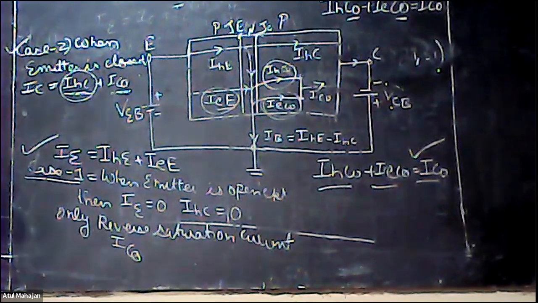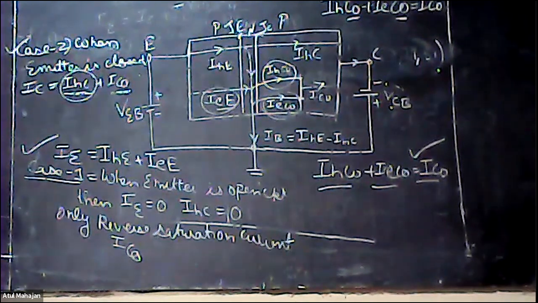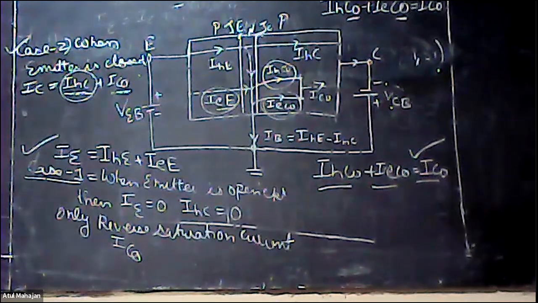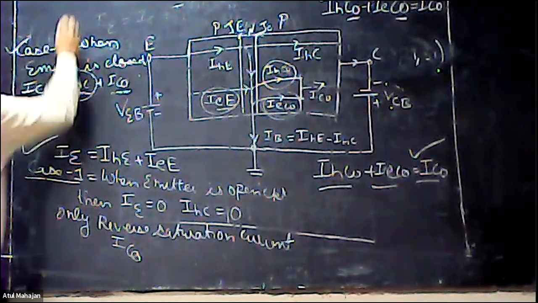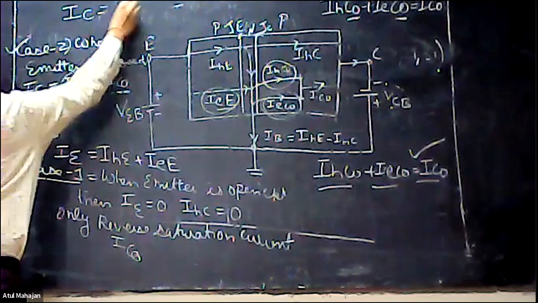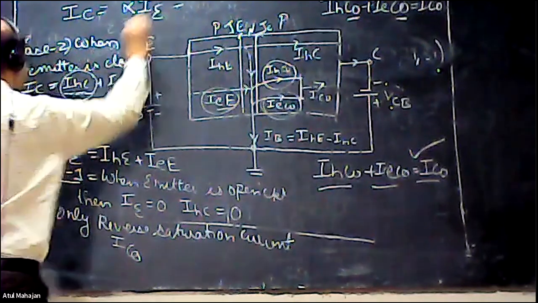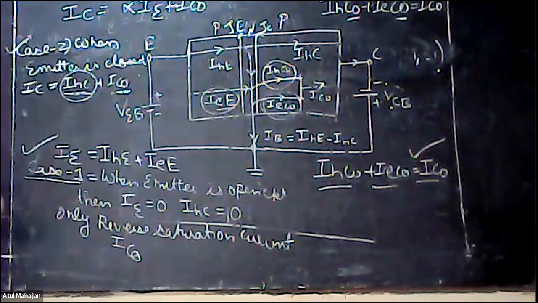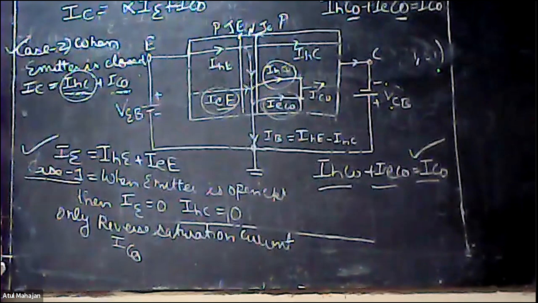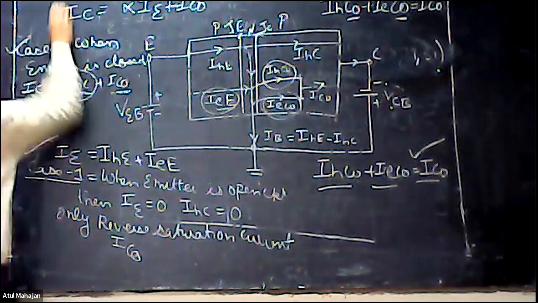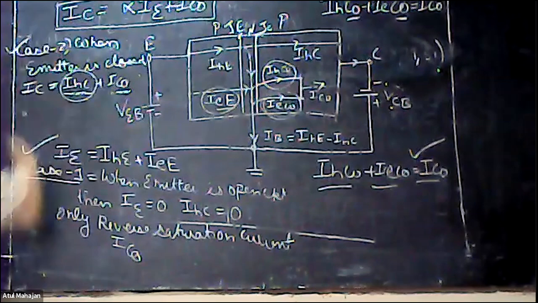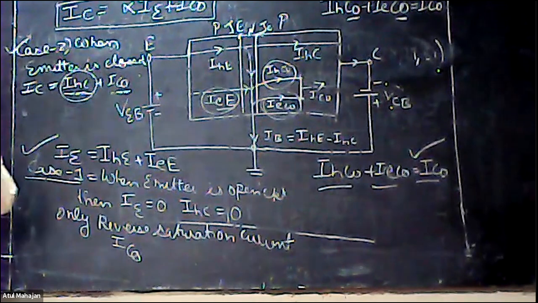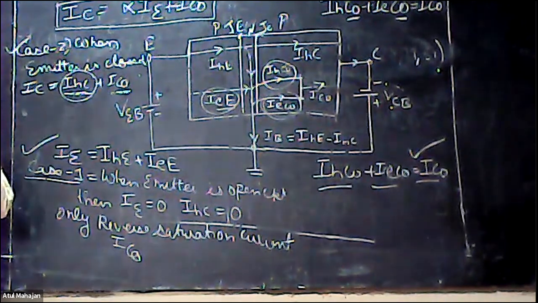In active region operation, the emitter junction is forward biased and the collector junction is reverse biased. The collector current is then always equal to alpha IE plus ICO. This is the actual equation for the collector current when the transistor is operating in the active region.